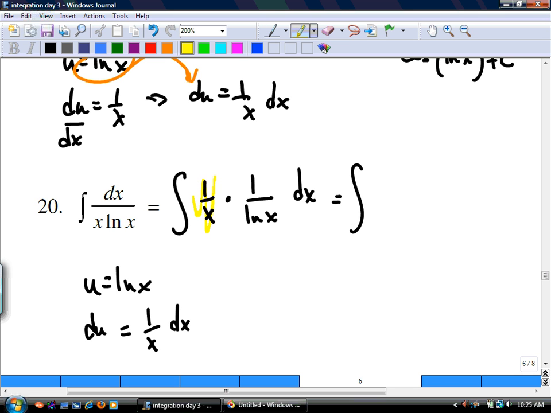Now you have to see those there, even though they're spread apart. Know what I mean?